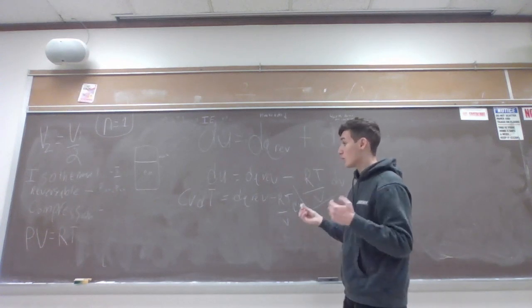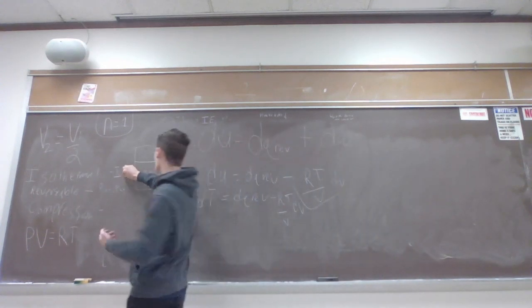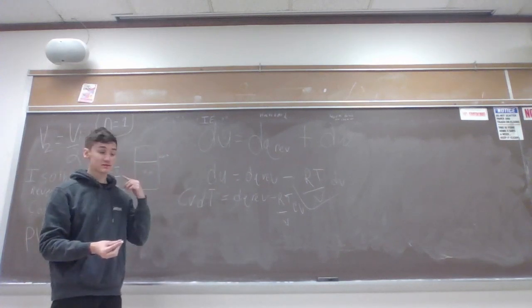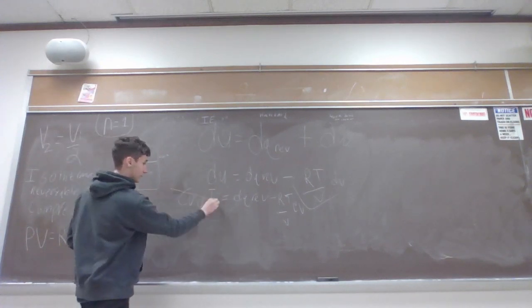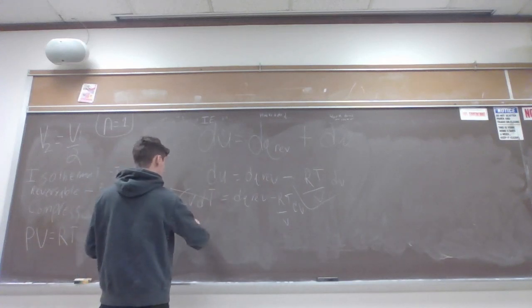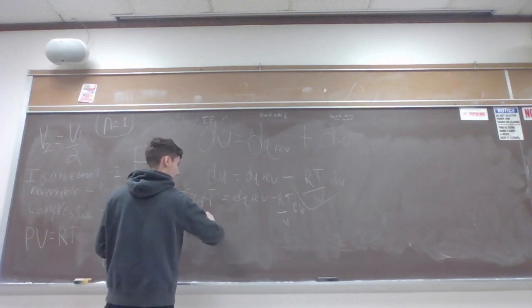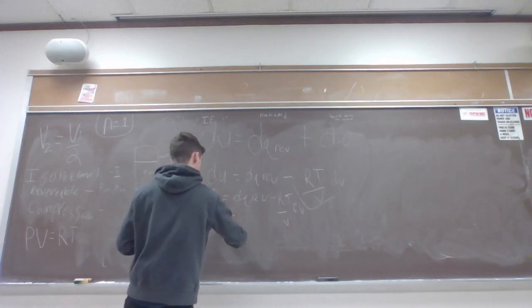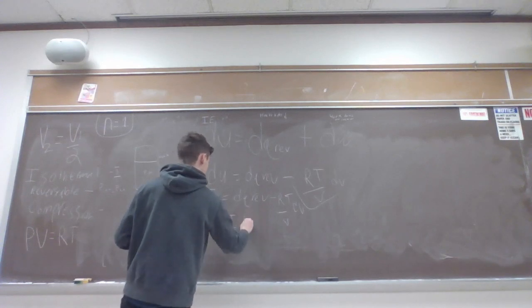And so what we know, as this is isothermal, the temperature is constant, which means our change in temperature will be 0. So we can go like that. And then what we end up getting is dq rev equals RT over V dV.